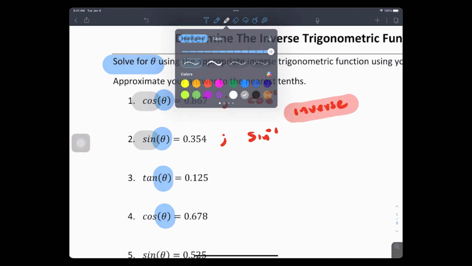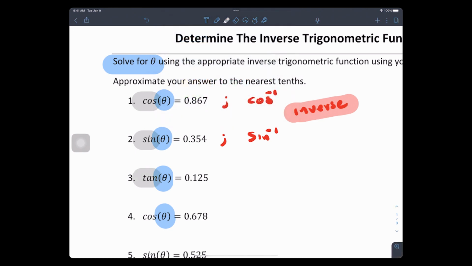And if it's tangent, you use the inverse tangent key. These are not reciprocal, so it's not using cosecant, secant, cotangent. These are inverse function notation.